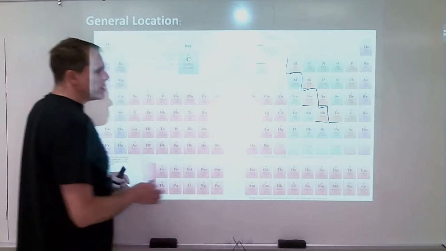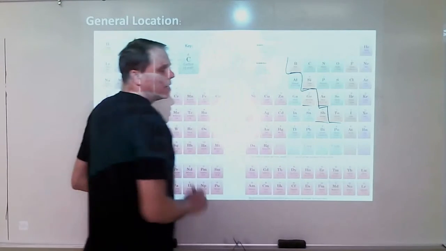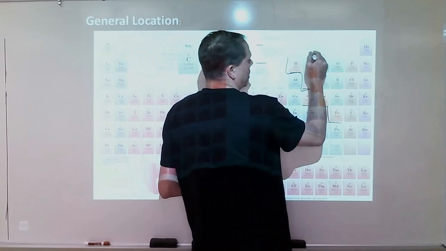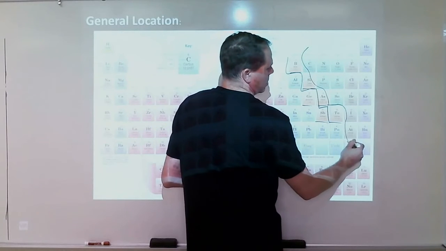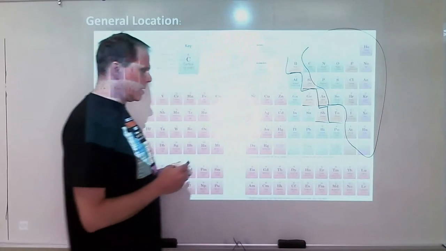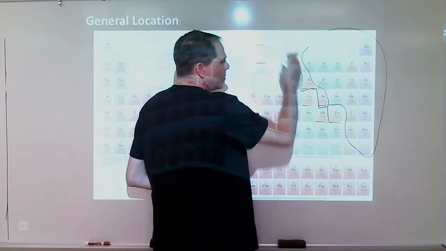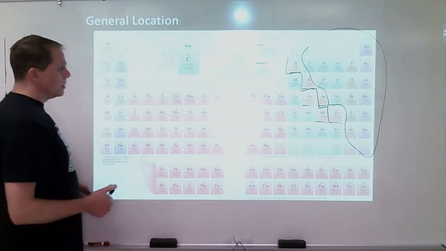And so everything to the left of this, all of that is considered a metal. We have some nonmetals, and they're right here, okay? So these are our nonmetals. Okay, those are our nonmetals. And so everything else is metals. So all of that's metals, a little bit of metalloids, and some nonmetals, okay? So that gives you a little picture of what you're seeing.